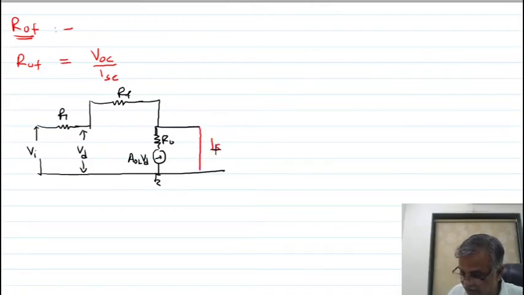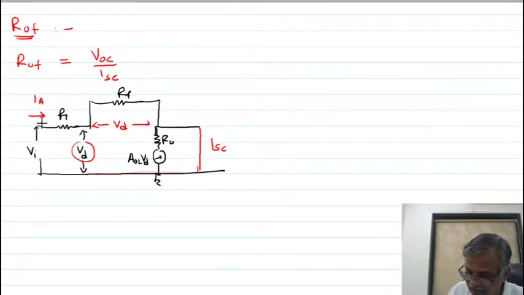This current is ISC. So this potential, see look here, this is your short circuited. So this I have to draw in this direction VD, current flows in this direction, let me say IA, then this is plus, this will be minus. Then I think you understand this.